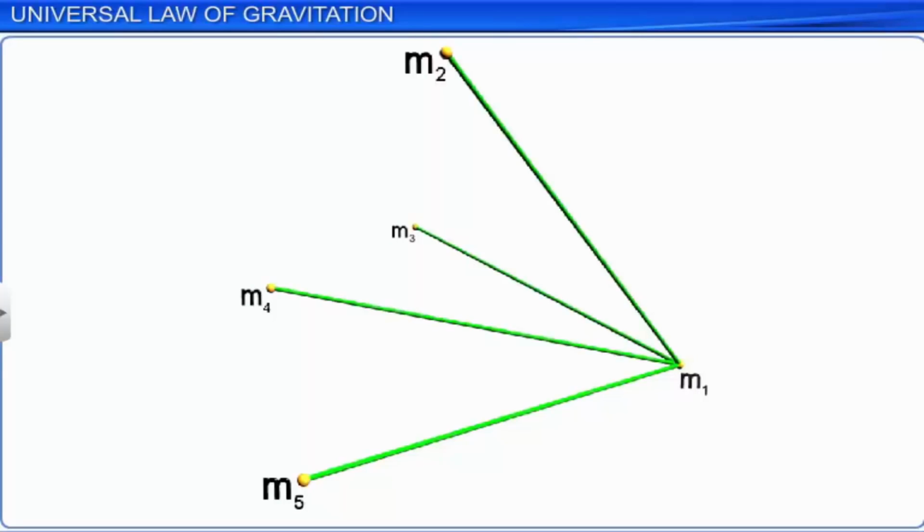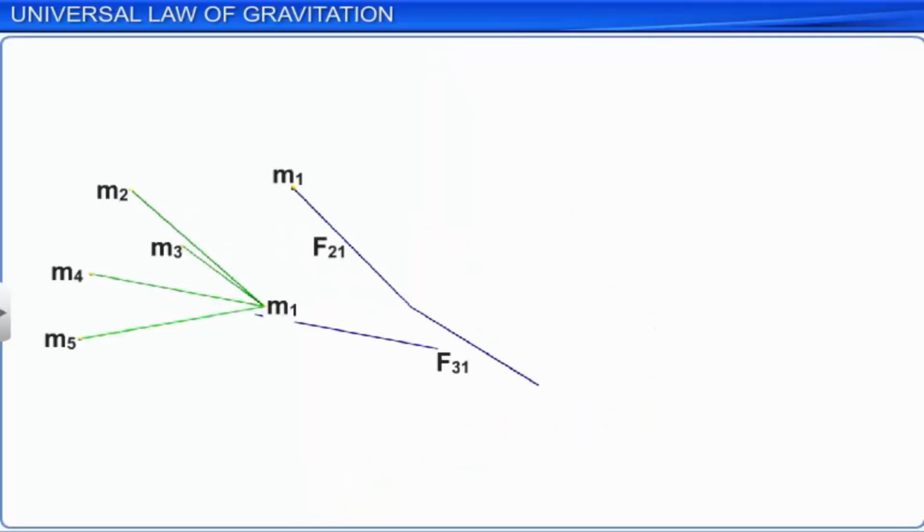Thus, the net gravitational force on the particle of mass M1 is given by F1 net equals the vector sum of F21, F31, F41 and F51.